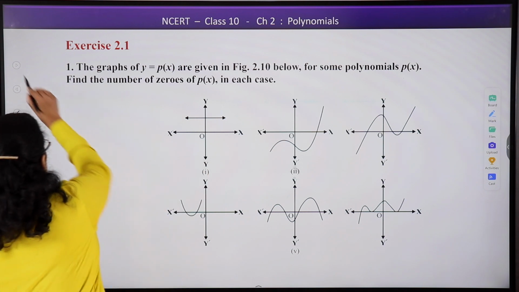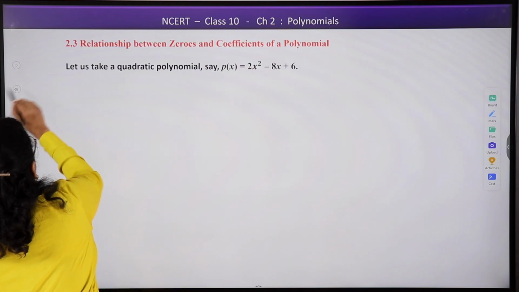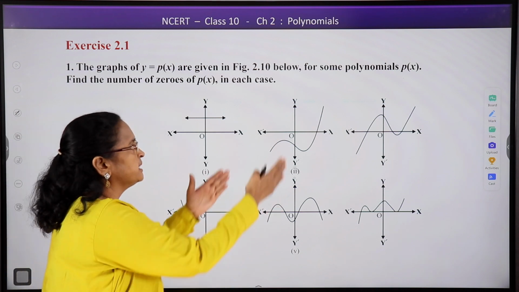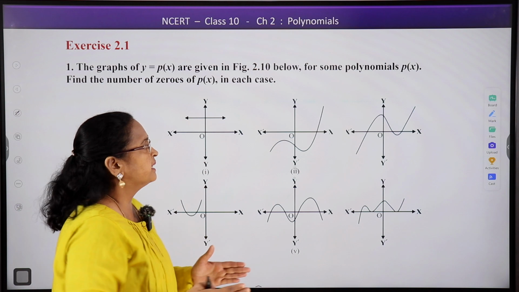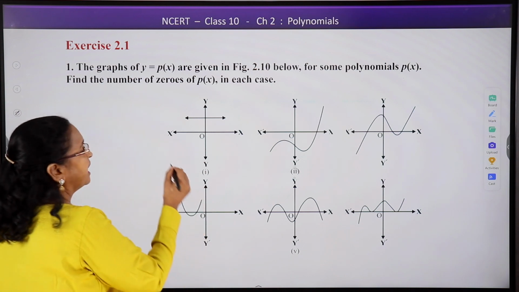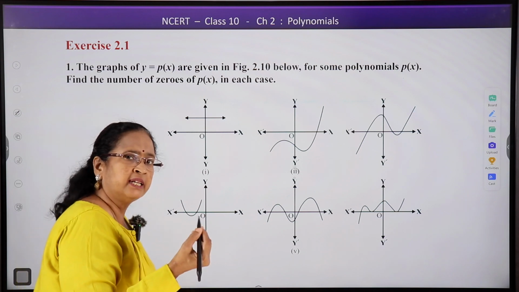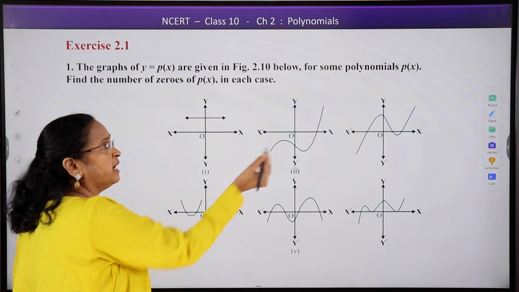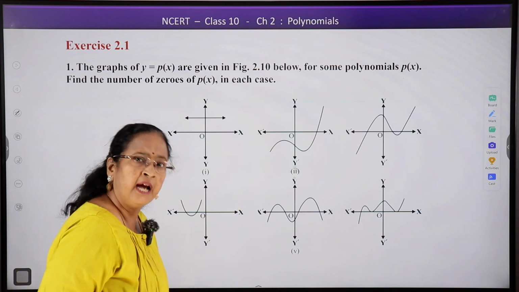All right, so in each case, first of all the answers have to be done by you students, isn't it? Now you have to tell me how many zeros each of the graphs has.